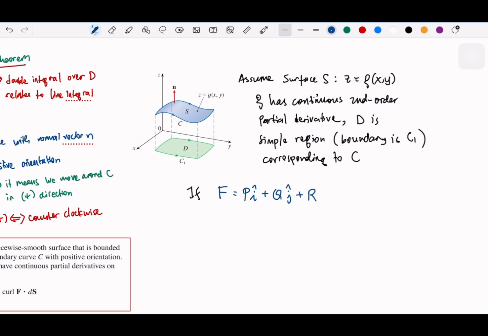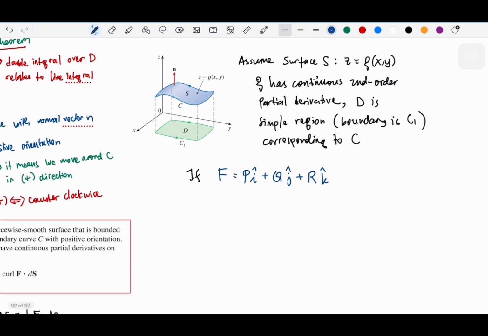So let's use the same variables and letters: P, Q, R, and all the partial derivatives of P, Q, R are continuous.